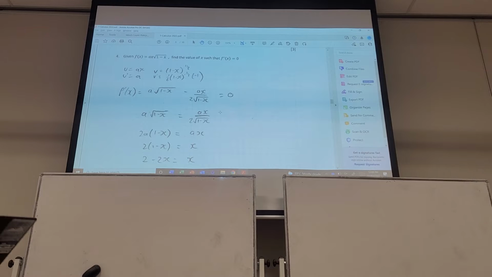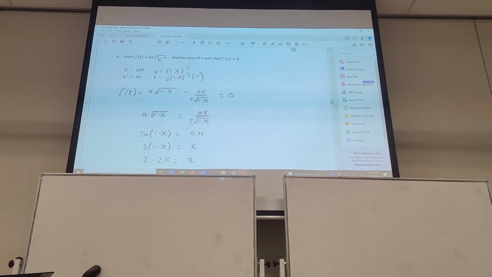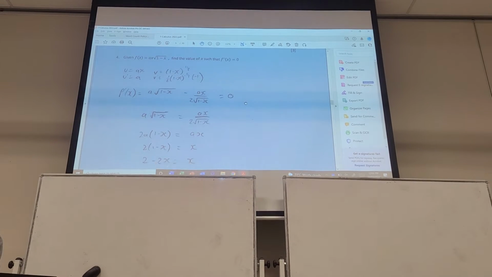Now question 4 stumped a few people. I think where people got stuck is they didn't use the product rule. If you used the product rule, you were able to get about 2 or 3 marks, whereas if you didn't use the product rule, you didn't get very far at all. So if we use the product rule, that's our derivative, and then we want to find when the derivative is 0.